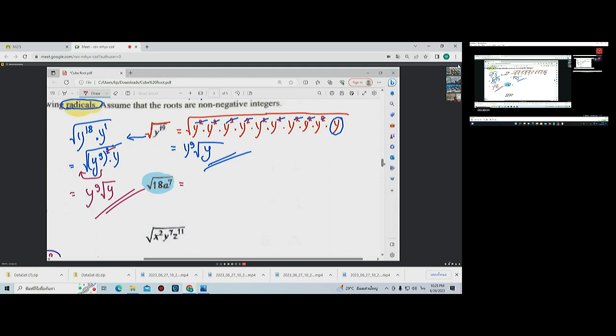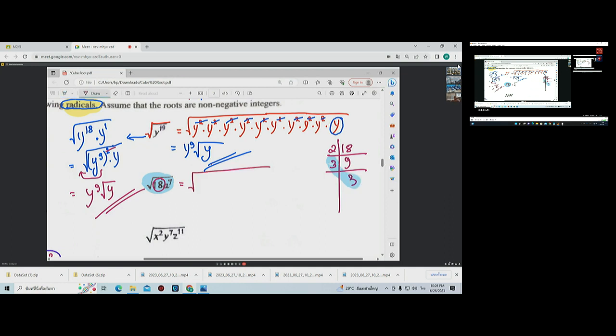So 18, first we factorize 18. How many do we get? 2, 9, 3, 3. Is this square root or cube root? Square root, so we get 3 square. Right?